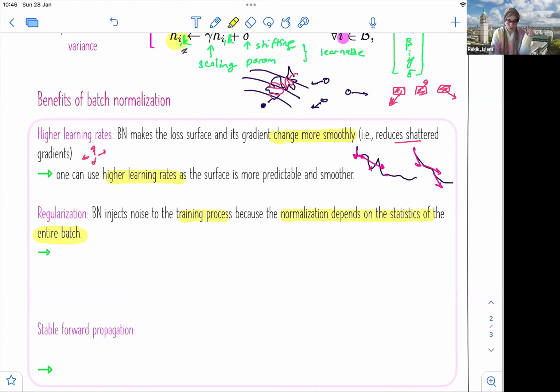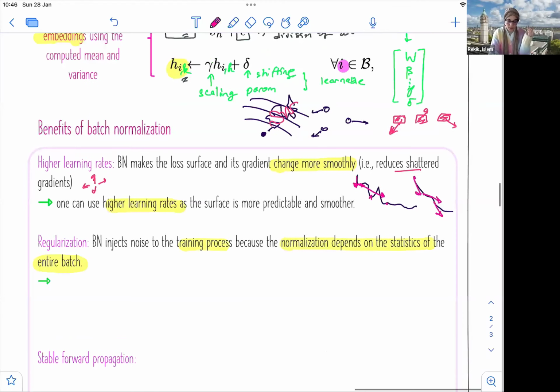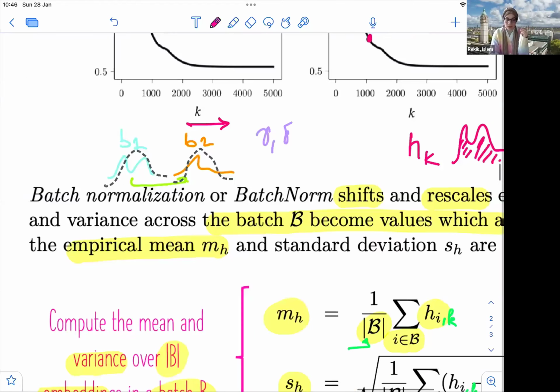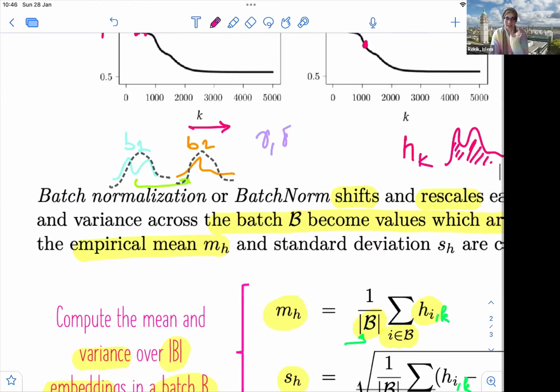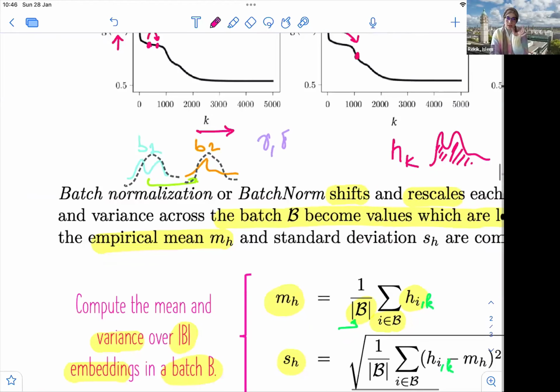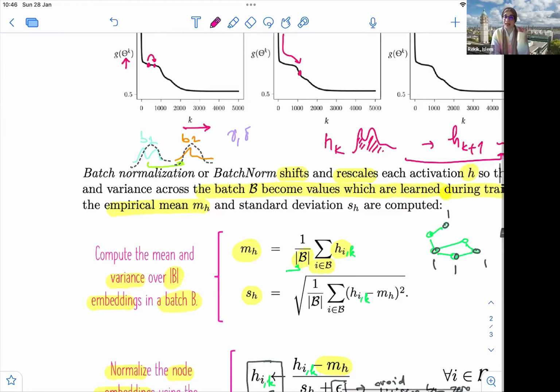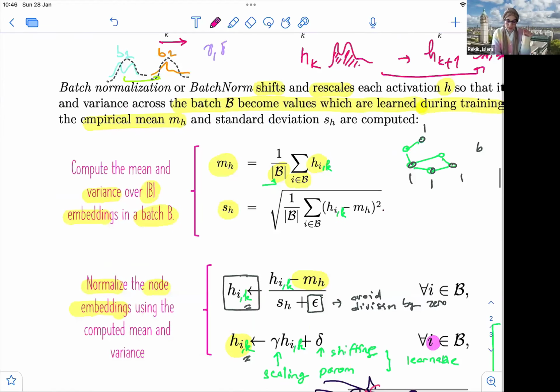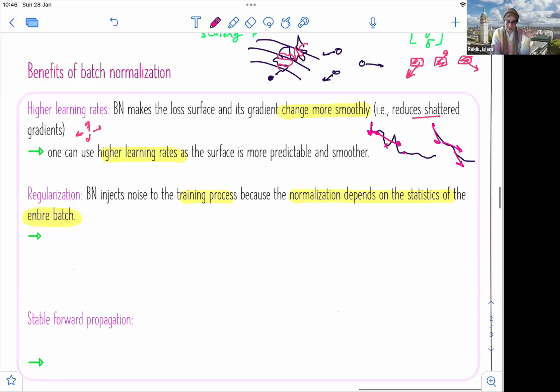Remember, the distribution of the batch impacts our learning. As we do the shifting and the scaling with gamma, which becomes learnable, this could be considered a perturbation that we are introducing to our data distribution. And this perturbation allows us to regularize the learning.